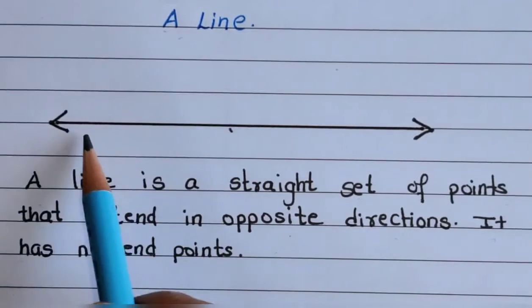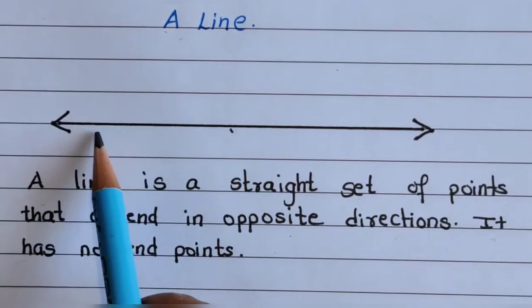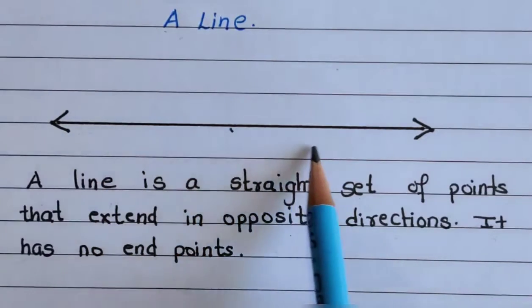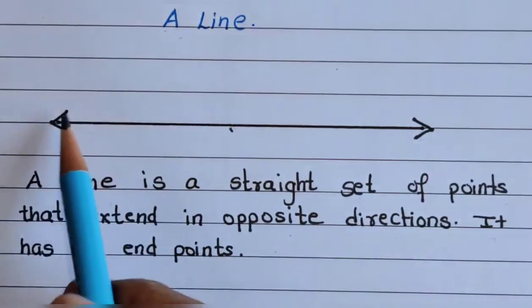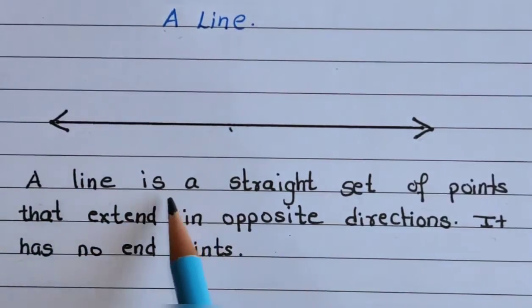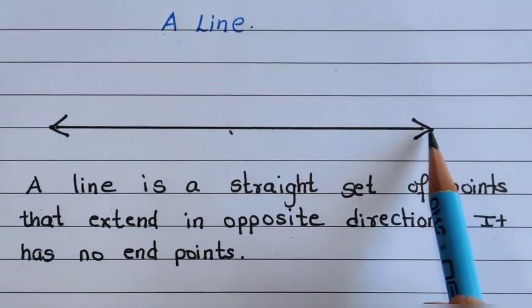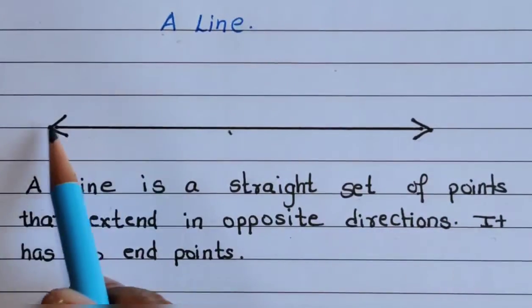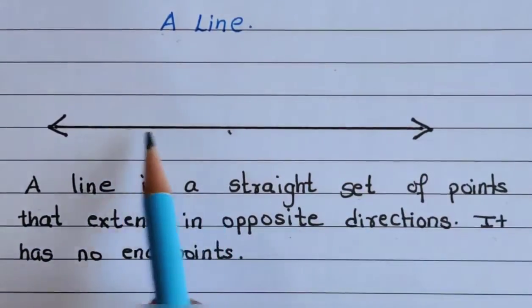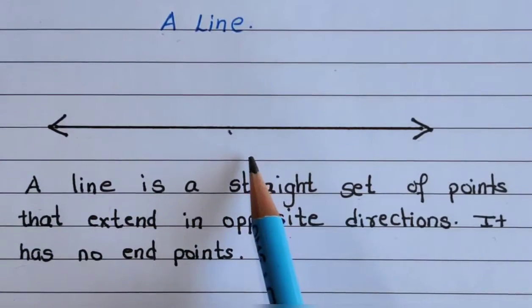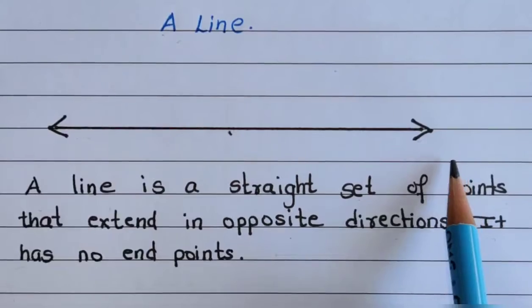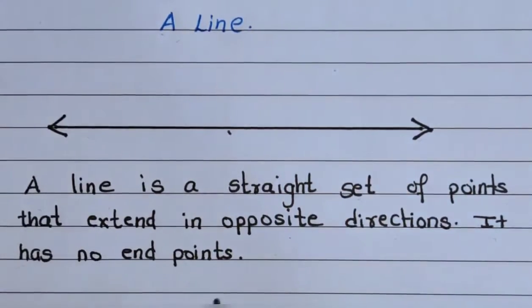As you will see, the line is actually made up of so many points which are very close to each other, and it is never ending. These are not endpoints, but these are the corners which actually extend ahead. The arrow means on both sides that it could be increased in length from left and right direction. Okay, so this is called a line.